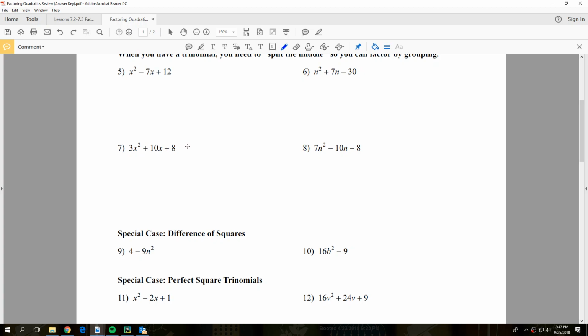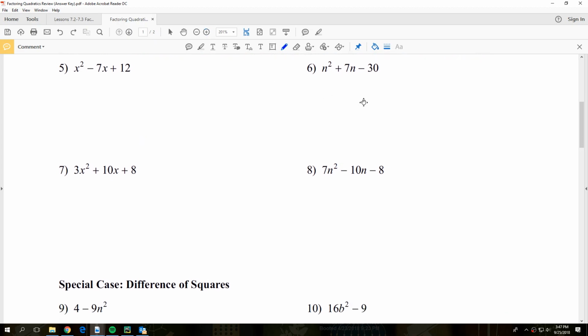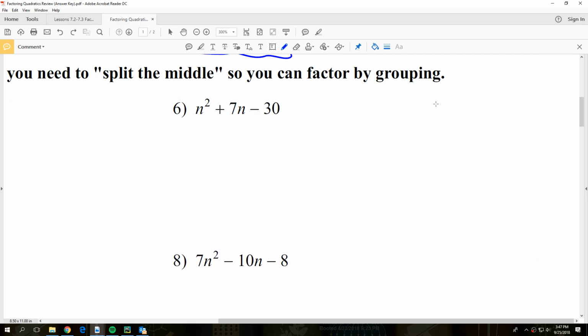So the first thing you need to know is that the standard form of any quadratic equation is ax squared plus bx plus c is equal to 0.